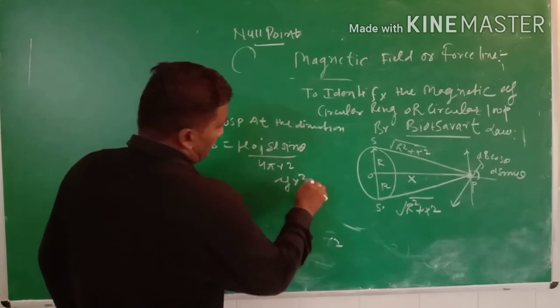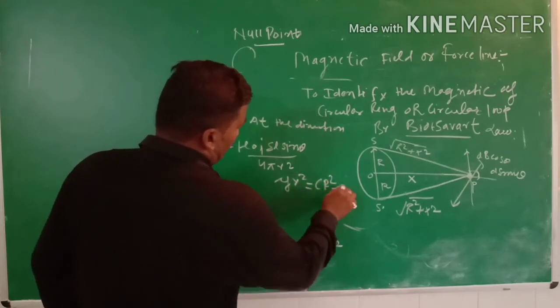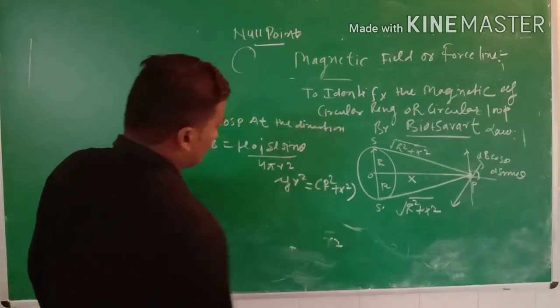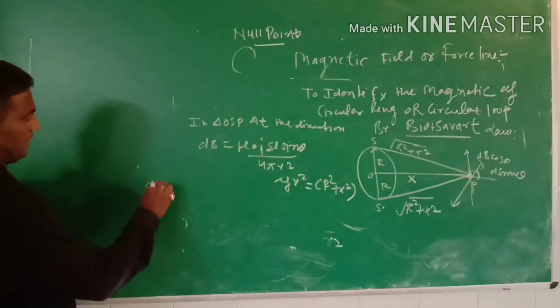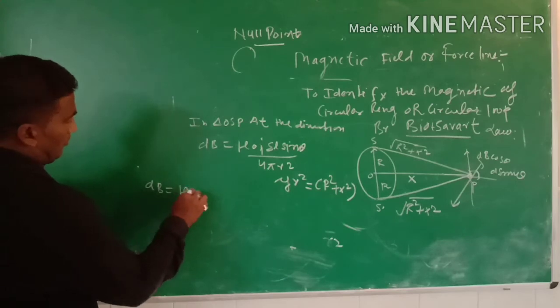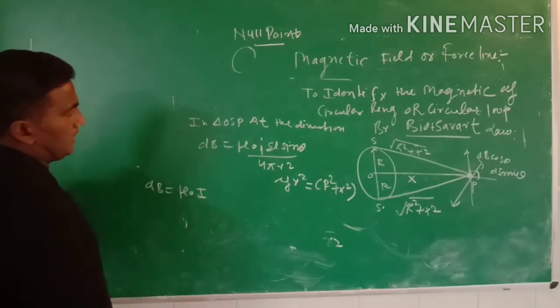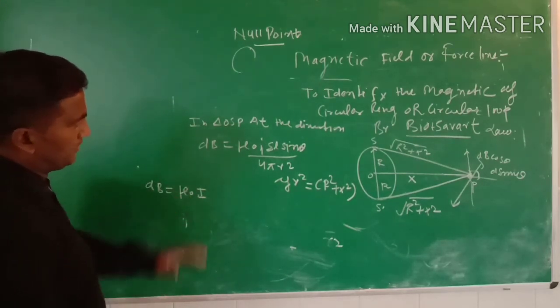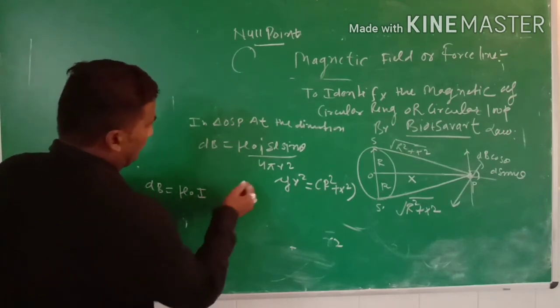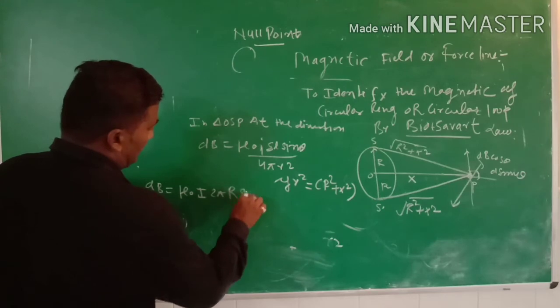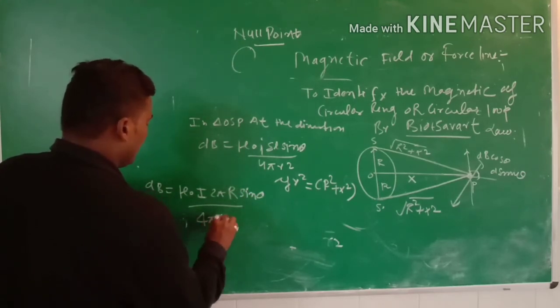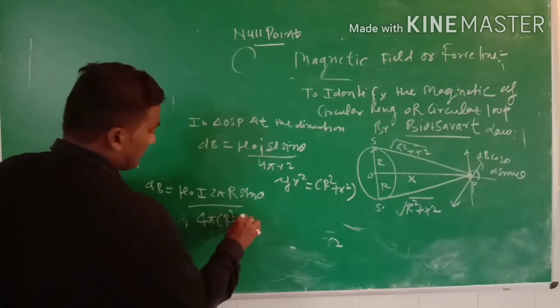If r square is equal to r square plus x square, now the value of magnetic field dB is equal to mu naught I dL, where dL is generally the circumference of the circle, 2 pi r, sin theta upon 4 pi (r square plus x square).